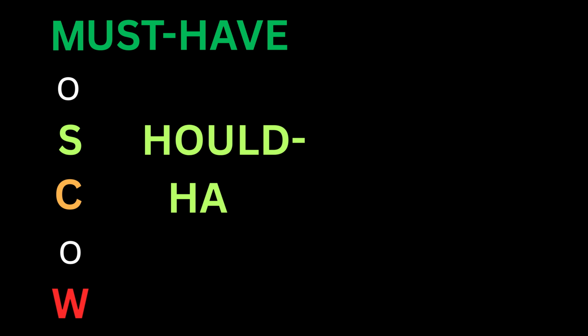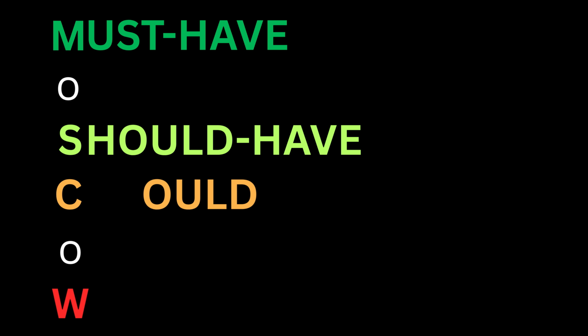And if this is a feature that should be in the release, then I put an S next to that feature. If the following feature is a could have feature, it could go into the release, it doesn't have to, but it could do, then I put a C against that feature.